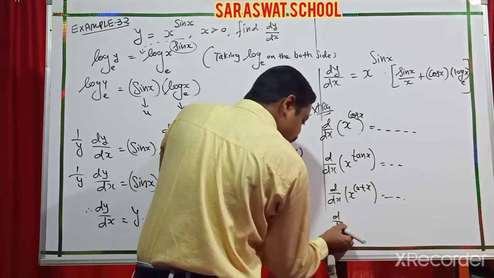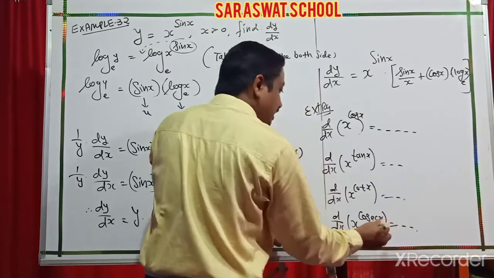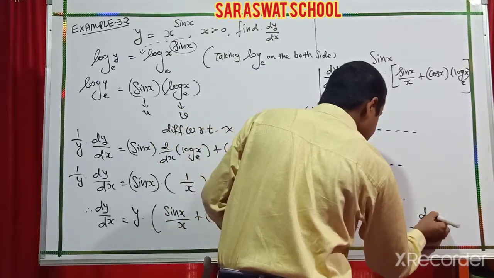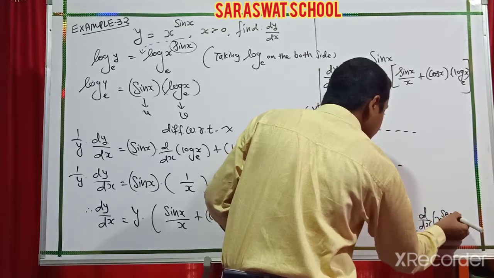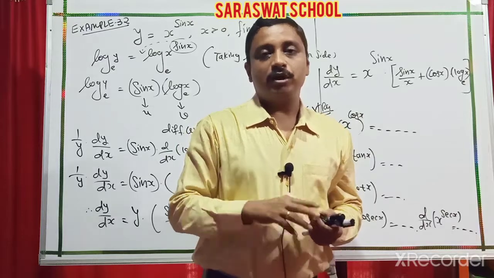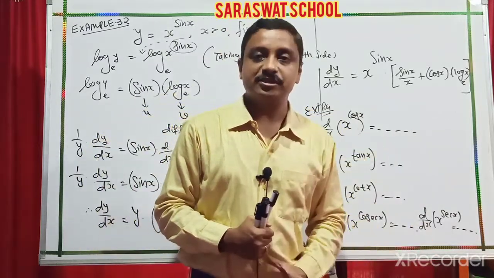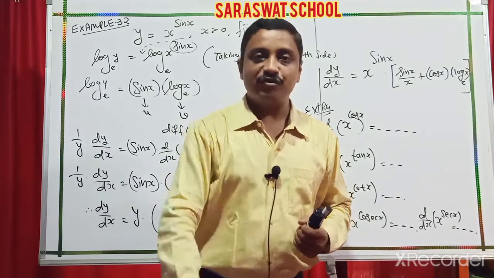All trigonometric functions of that type you just derive. And the last one, ddx of x raised to sec x. Only one example is given in your book, but you do more practice on these different types of questions and build up your confidence.